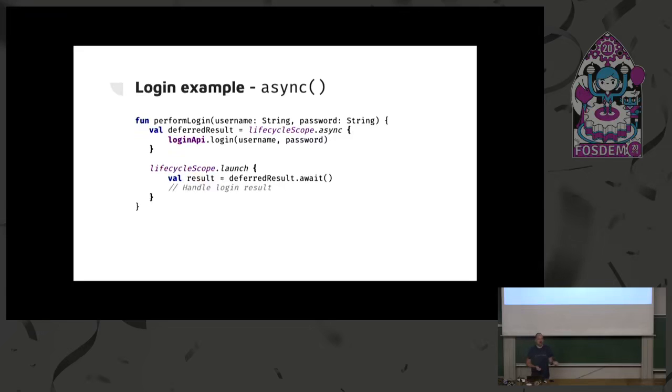The deferred result is like a future in Java. That means you can take this deferred result and pass it into another coroutine elsewhere in your application. So in this case, we just start two different coroutines, and the await call in the second one will suspend the function until the login operation is completed in the first coroutine.